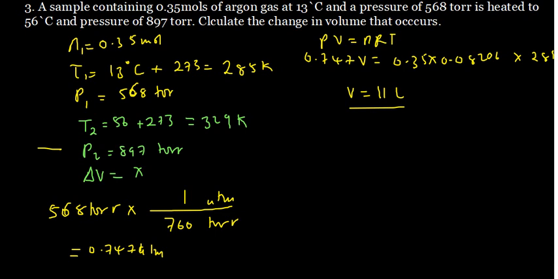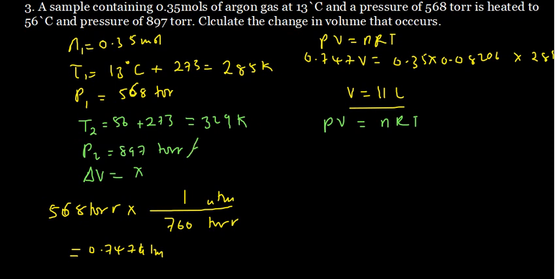From what you've been told, we heat this substance to this pressure. So we expect that the number of moles is going to remain the same, because the moles of a substance do not change. So again PV is going to be equal to nRT. The pressure in this case, we've been given in torr, so we need to convert this to atm.